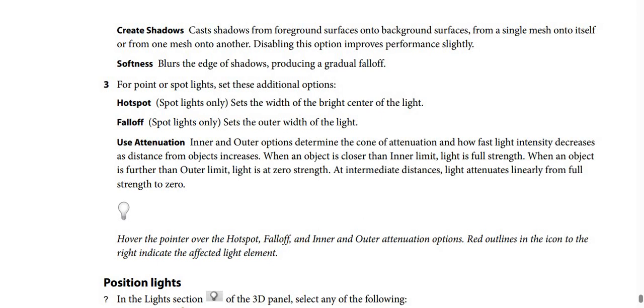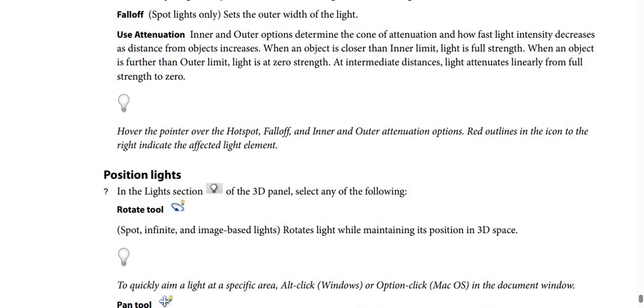At intermediate distances, light attenuates linearly from full strength to 0. Hover the pointer over the hotspot, followed by the inner and outer attenuation options. Red outlines in the icon to the right indicate the affected light element.